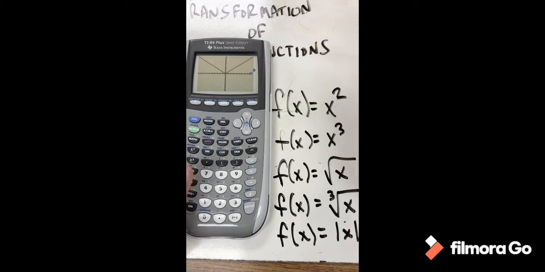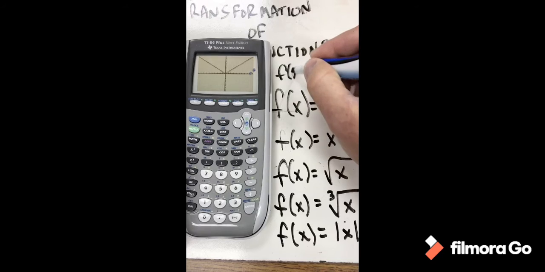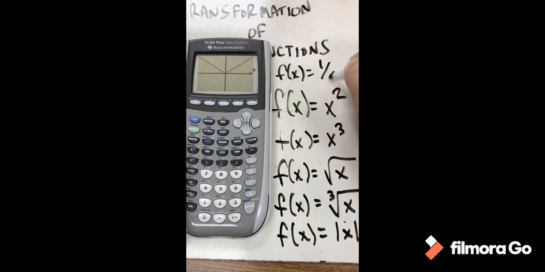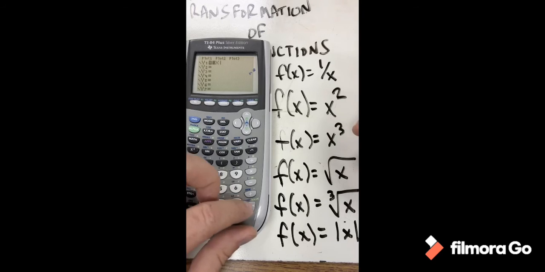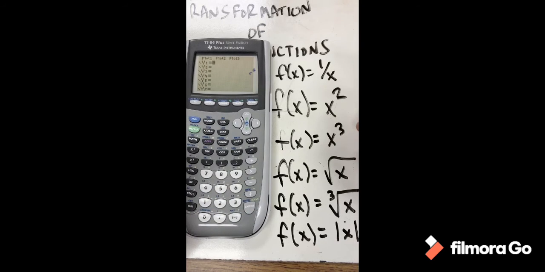All right, let's go ahead and go to the next one. f of x equals 1 over x. For this one, I'm going to go back to my y equals and clear it. We're going to again use the alpha key, and then F1.